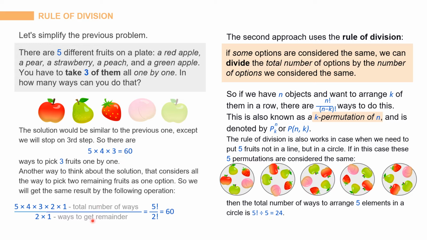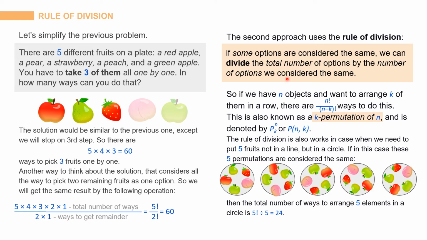So the second approach, where we divide the total number of ways by another number of ways, uses the rule of division. If some options are considered the same, we can divide the total number of options by the number of options we considered the same.